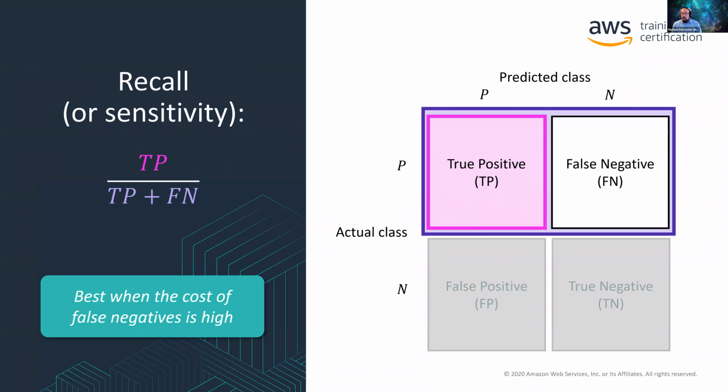So with recall, also known as sensitivity, by the way, think about a model where you need to predict whether or not a patient has a terminal illness. In this case, using precision as your evaluation metric doesn't account for the false negatives in the model.